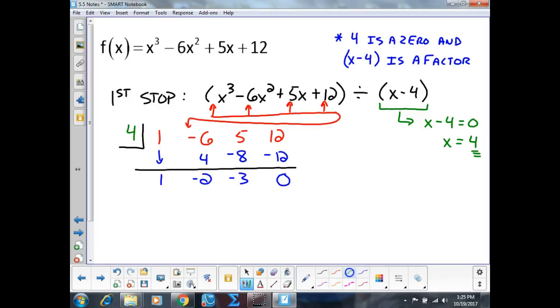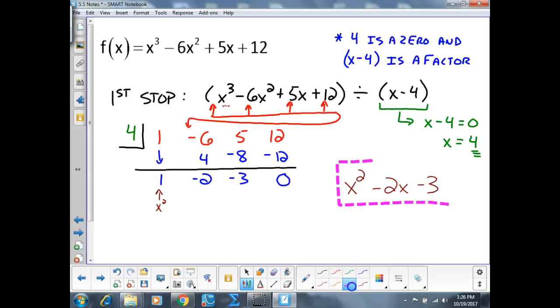Now, what happens then is your answer: because this was an x cubed that you were dividing into, we take 1 away from that, and so that would make this an x squared. So my answer here would be x squared minus 2x minus 3, because there is no remainder.